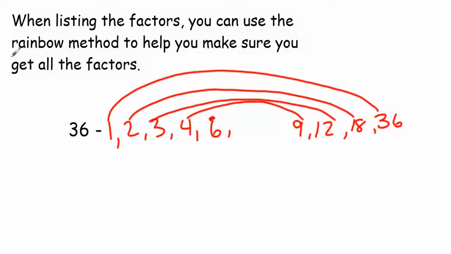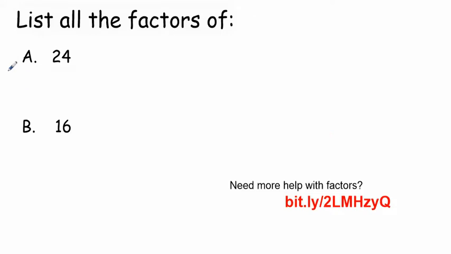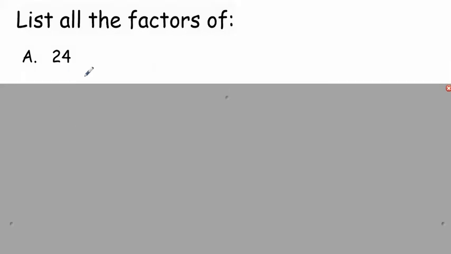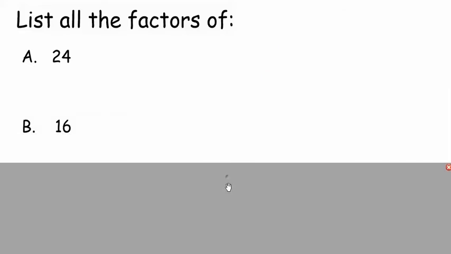Okay? All right, so what I would like for you to do on your piece of paper is list the factors of, let's first start off with 24. Go ahead and pause the video and list out your factors for 24. All right, now go ahead and see if you can list out your factors for 16. Make sure you get them all.